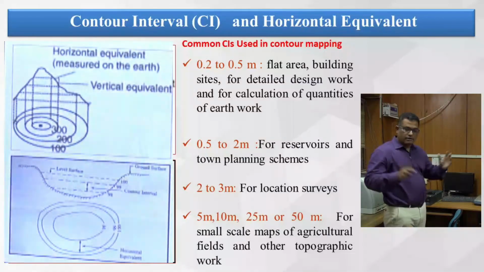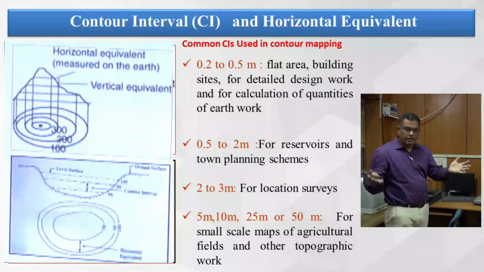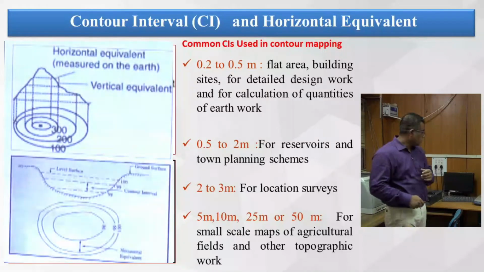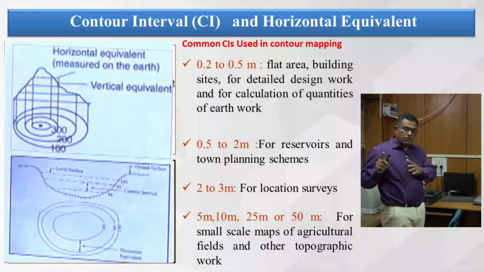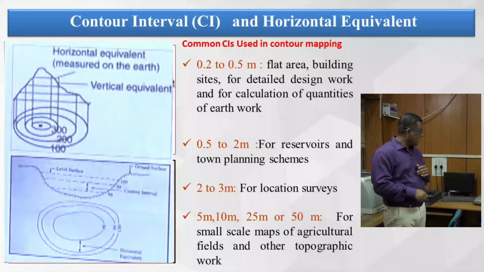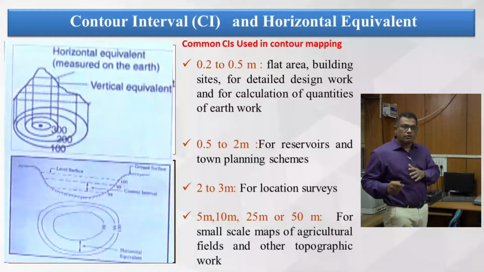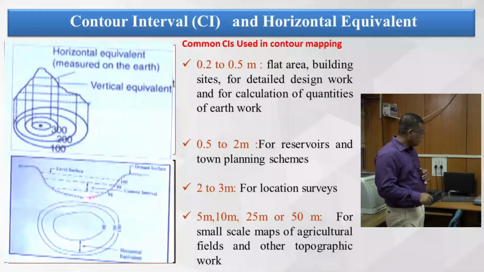Similarly, a depression, say a pond. Here also we can draw the contour lines, but the contour map of a hill and a depression would look similar, because it will have closed loops according to the elevation.